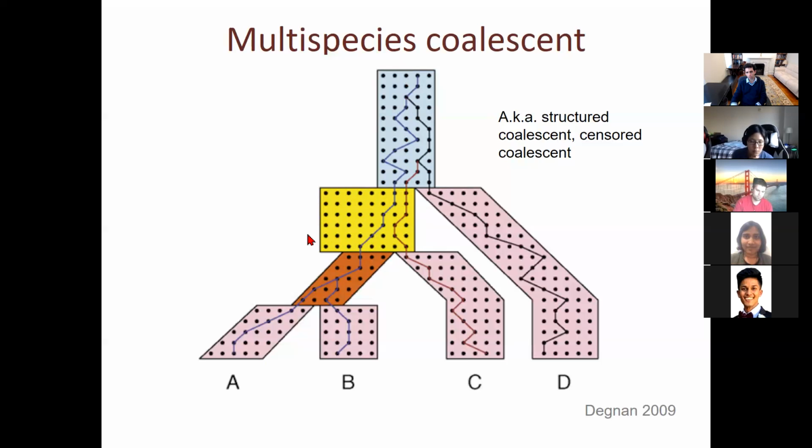So the larger the number of individuals and the shorter the length of time that has passed in that species boundary, the lower the chance of actually coalescing.